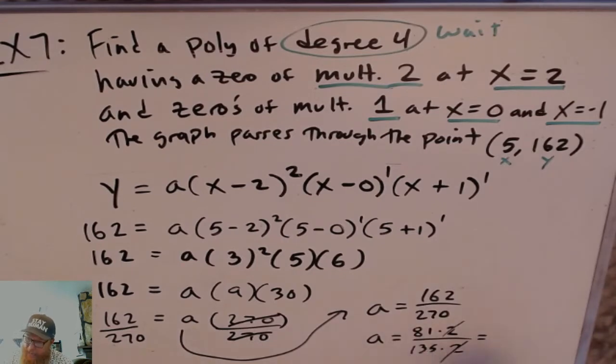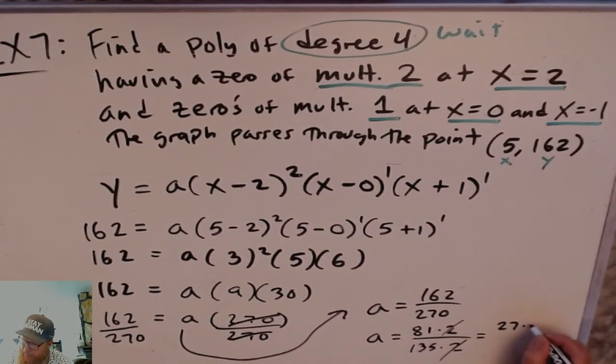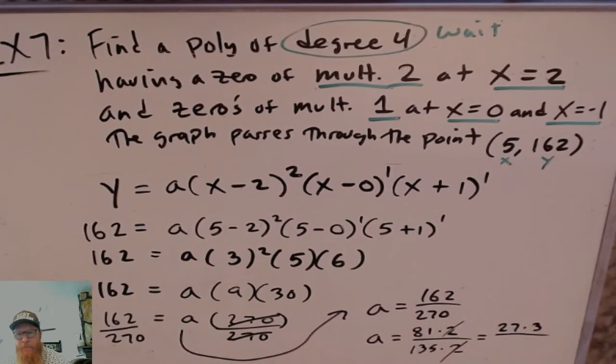Let's see. 81 is 27 times 3. That's 81. 135 is, what's that times 3? Something times 3. Got it?